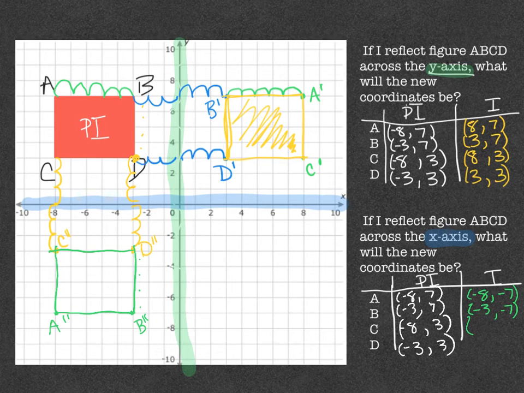Our C point is at negative 8 across and negative 3 down. And our D point is at negative 3 across and negative 3 down. So similar to what we did up in the first thing, now we can see we've reflected that shape into the quadrant that has negative, negative, right?